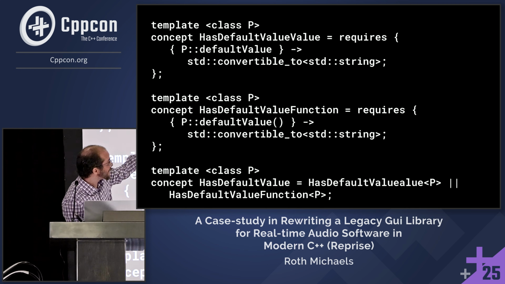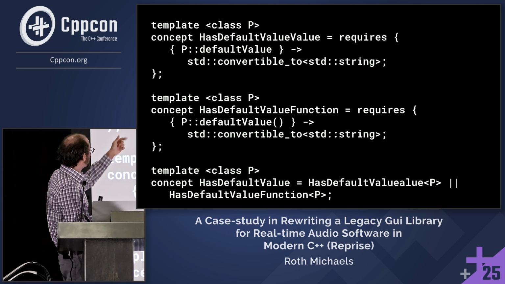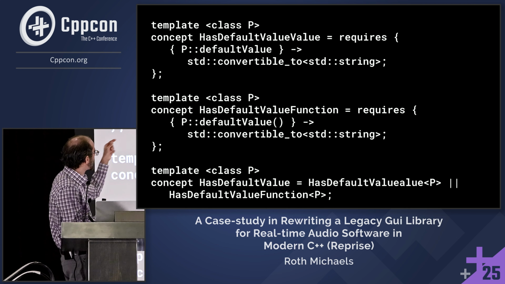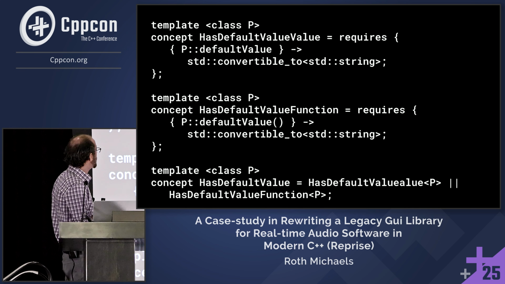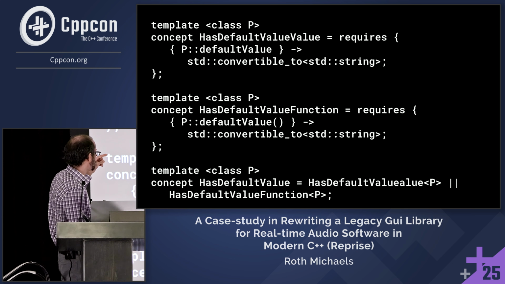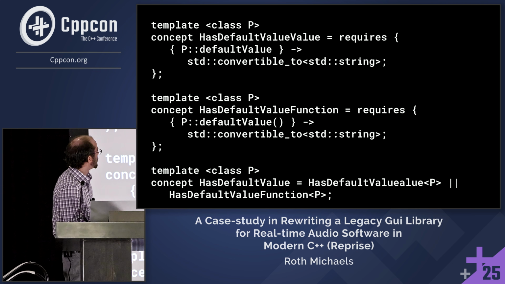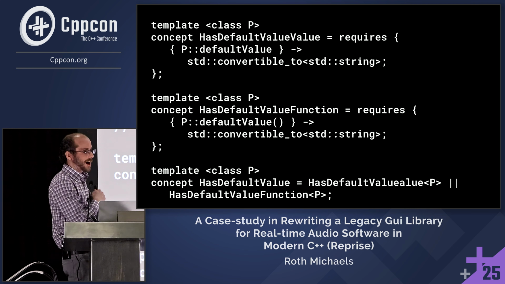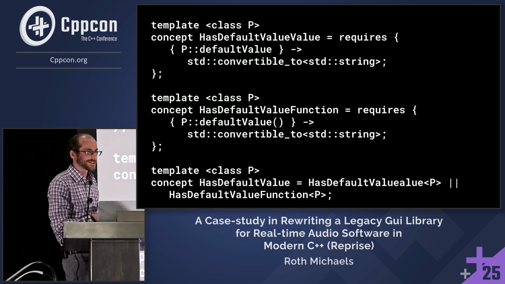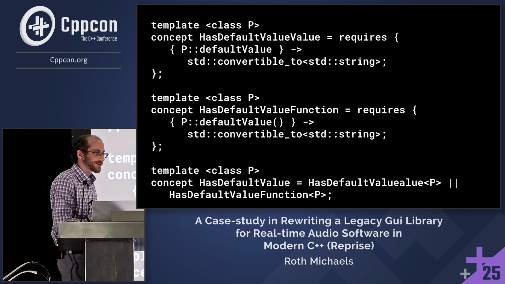Has default value requires that the default value member is convertible to a standard string. That is a typo. I'm sorry about that. That should be to the property type. I copied an earlier step of my Git iterations, and that was not the one I was supposed to show here.